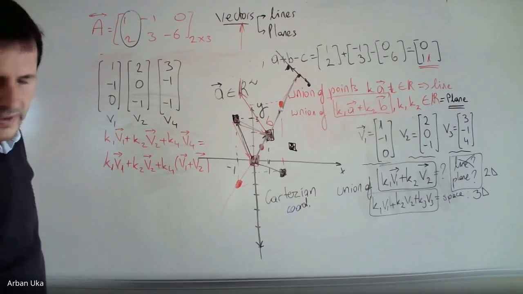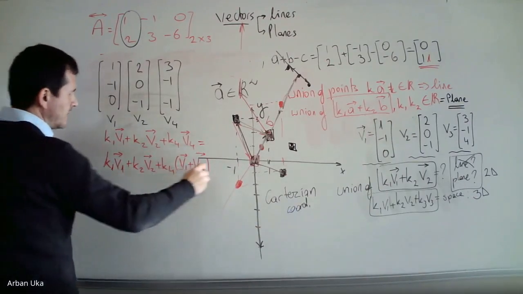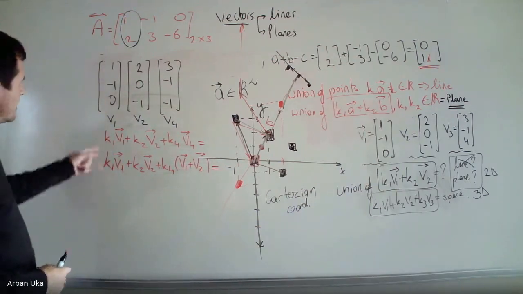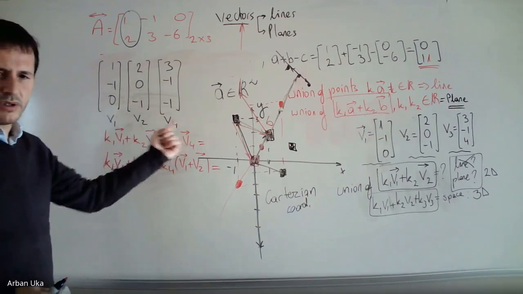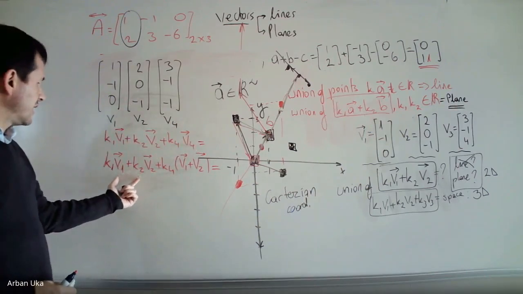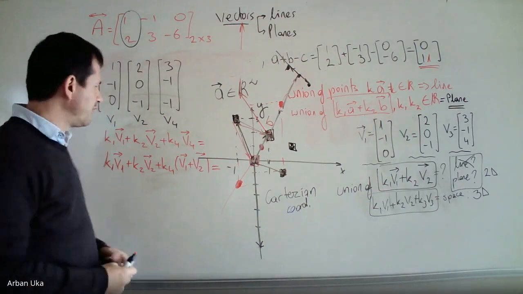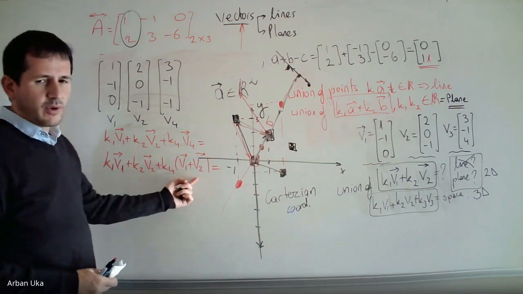That's true. So I can write it this way, and we can really see that this linear combination of these three vectors is in fact a linear combination of only V1 and V2. So V4 is already described by V1 and V2.